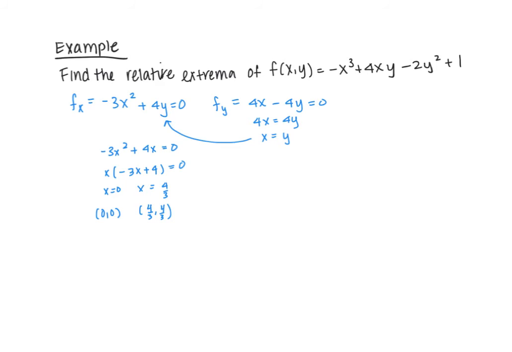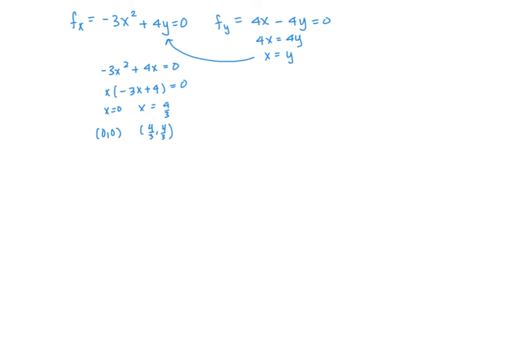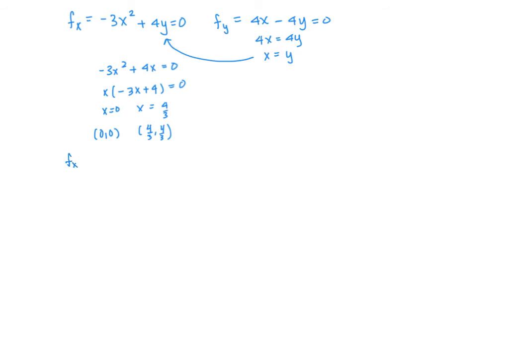Now I can find my second partials so that I can figure out my D value. So my second partials here, I'm going to have fxx, which is going to be negative 6x, and fyy is going to be negative 4. And then I also need to find fxy, which I'm going to show my work on.